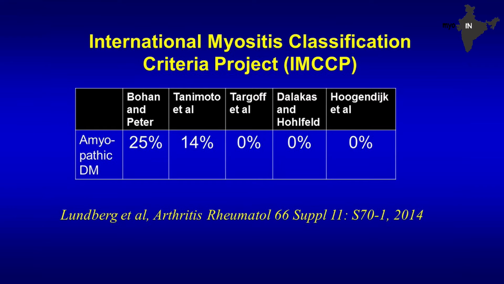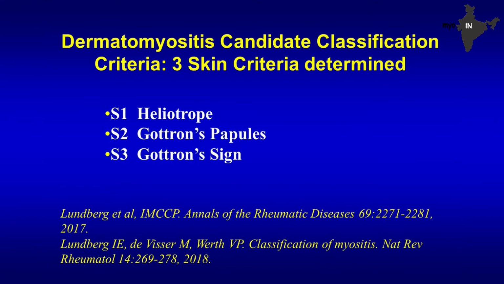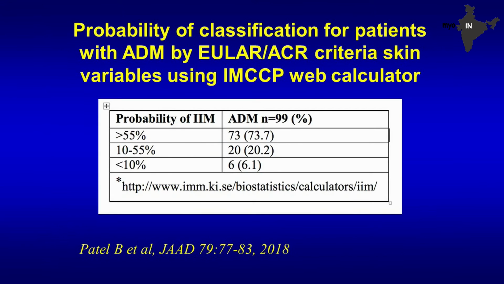Our old criteria, including Bohan and Peter and many of the others listed here, really do not allow defining patients who have skin-predominant disease. The new criteria capture about 75% of the patients who have known dermatomyositis, but there's still room to go in refining criteria in the skin. We feel that we can probably capture a few more patients by refining the skin-specific criteria.